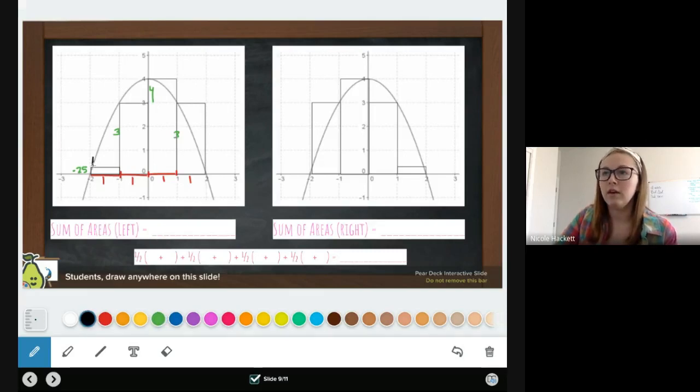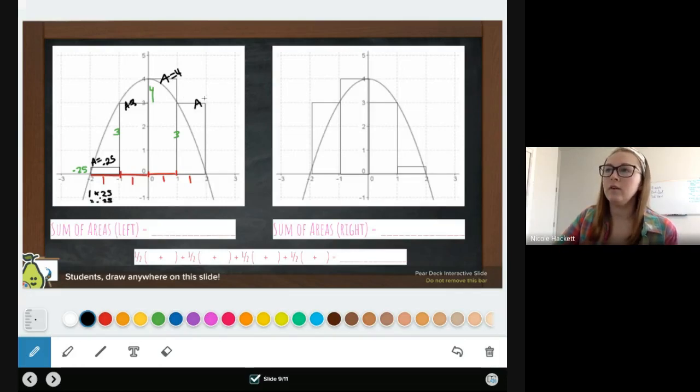So the area of this one, we multiply 1 times 0.25, and we get 0.25. The area of this one is going to be 3, because 3 times 1 is 3. The area of this one is going to be 4, because if I multiply my two sides, 1 times 4, I get 4.